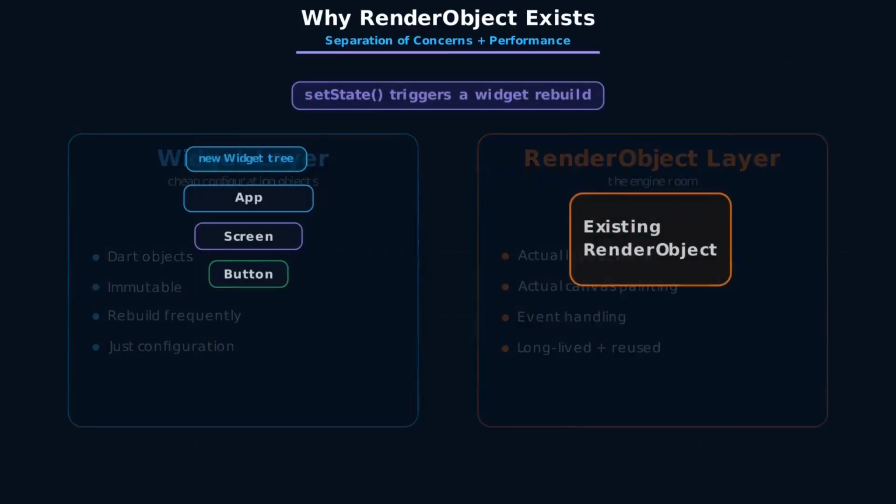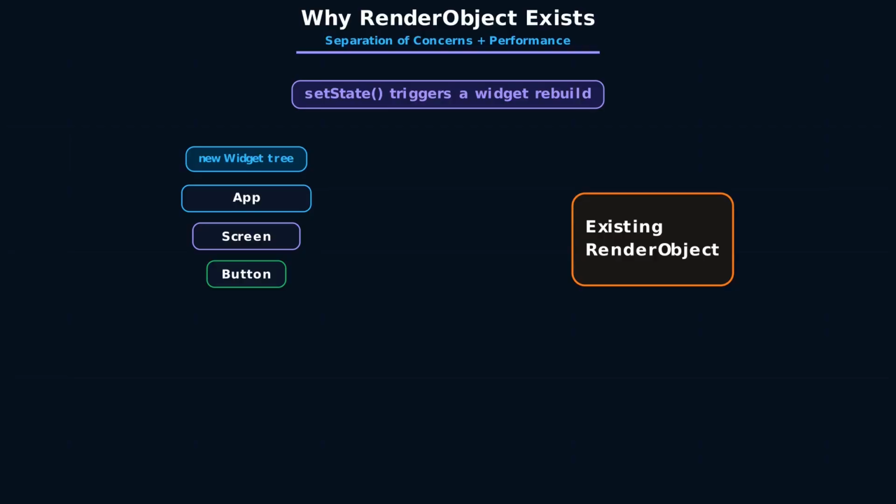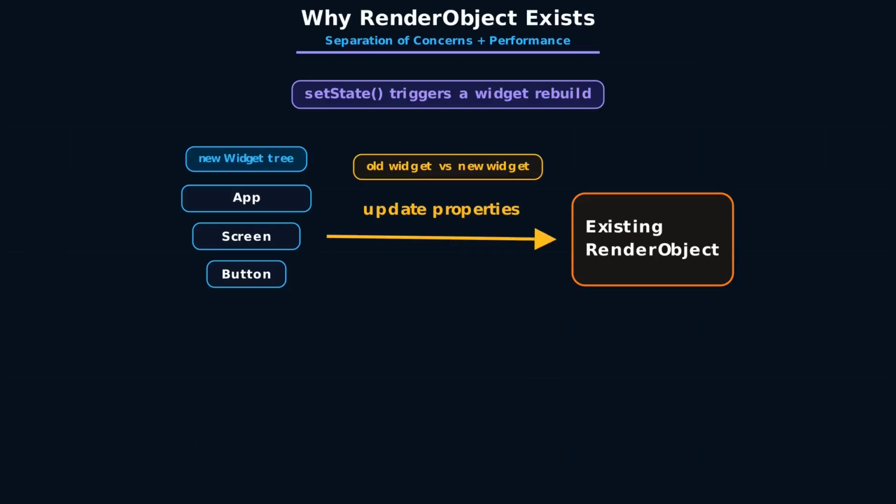And because it's separate, Flutter can be extremely smart about when to redo work. When a widget rebuilds, because of a setState call, Flutter compares the old and new widget and decides whether to update the existing render object or create a new one. In most cases, it just updates the properties of the existing render object without creating a new one. This is hugely efficient.